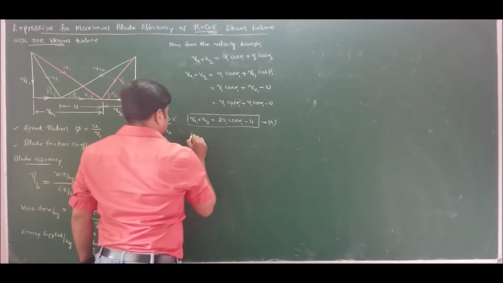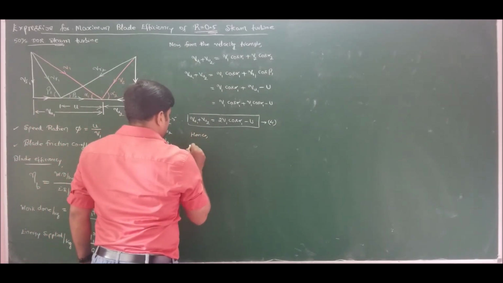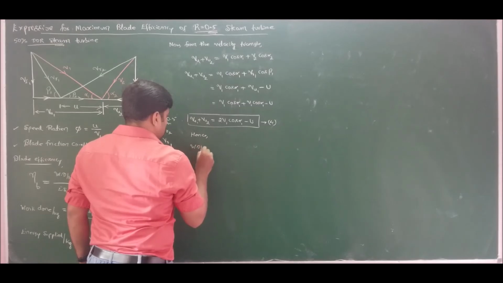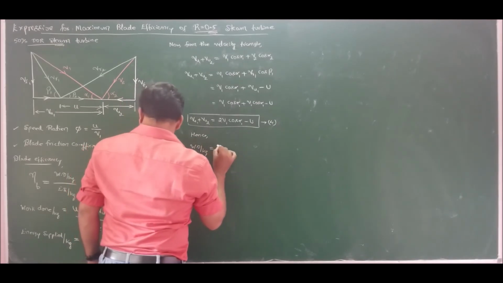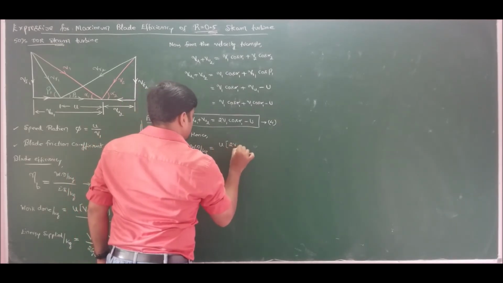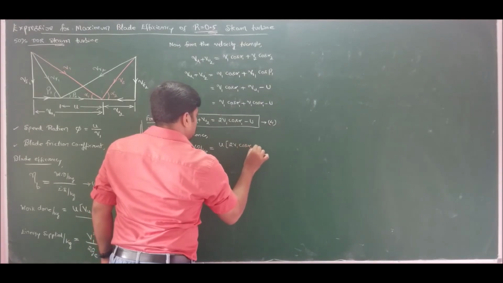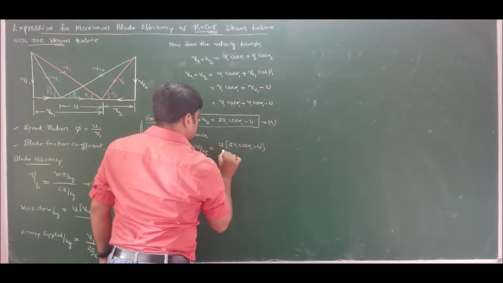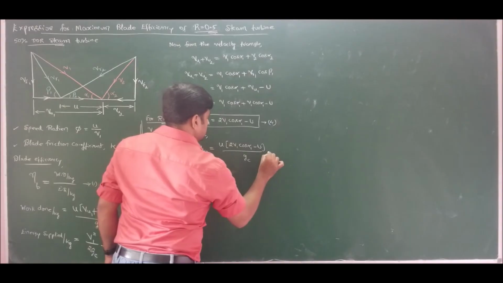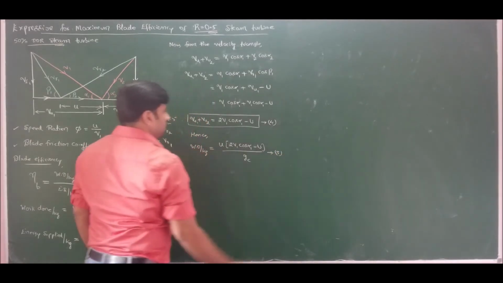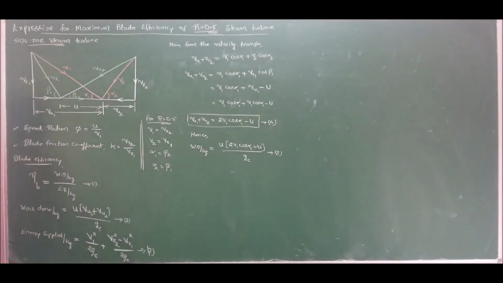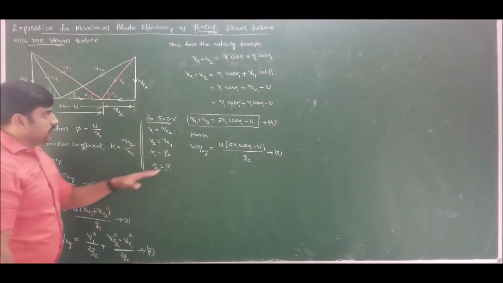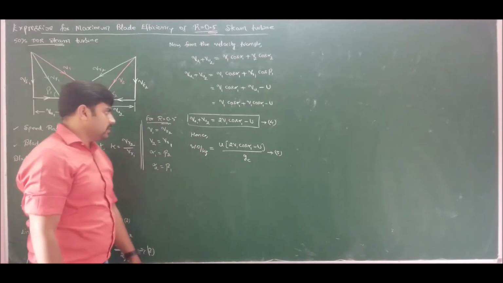Hence work done per kg will become U of 2V1 cos alpha 1 minus U by gc. Take it as equation number 5. So I substituted equation 4 in equation 2, and now we have only U, V1 and alpha 1.